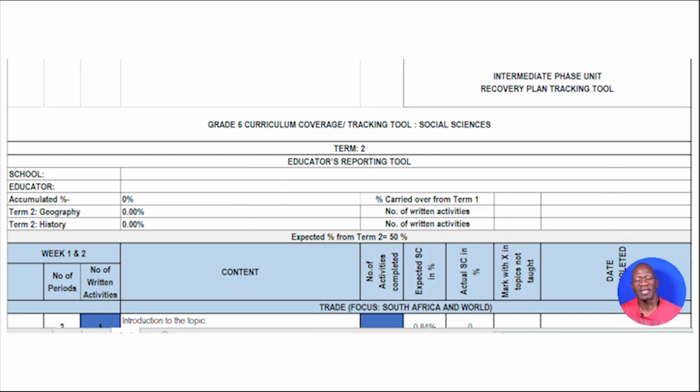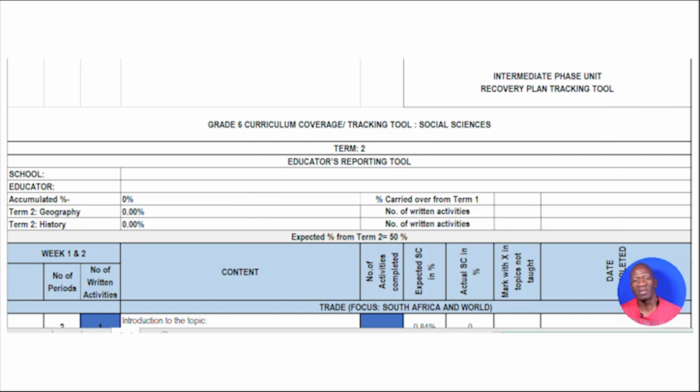The very same educator reporting tool is the one that the HOD, the head of department, must use when he or she checks or tracks the teacher's progress in terms of content coverage against the ATP.